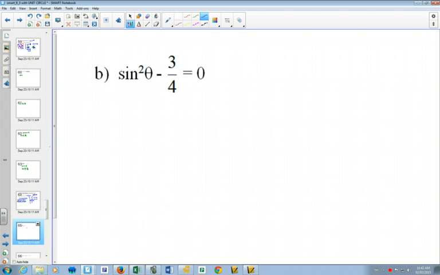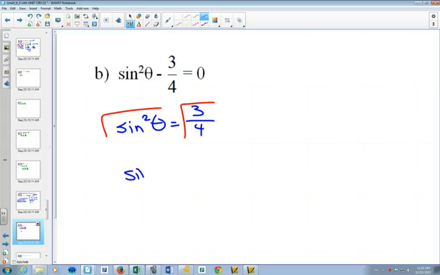So if I were to do that, I'd get sine squared equals 3/4. And then square rooting both sides, will leave me with sine theta here.